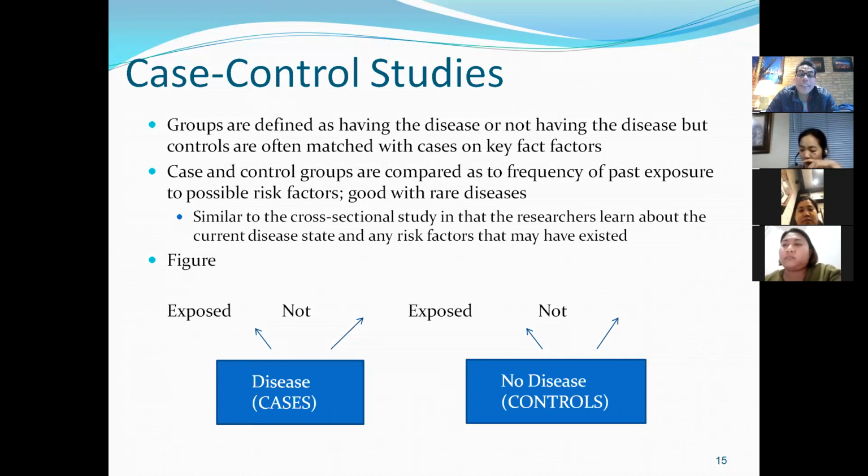And this is a very good design whenever an epidemiologist wants to understand the occurrences of rare diseases. You see, for rare diseases, how are you going to do prospective studies? Very difficult, right?